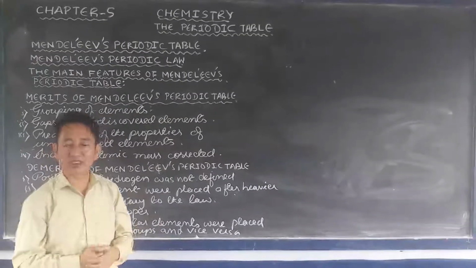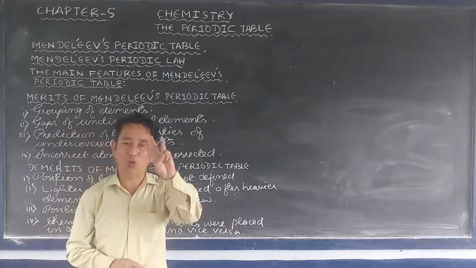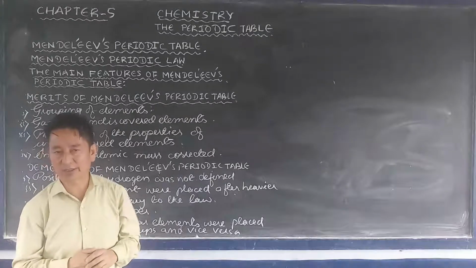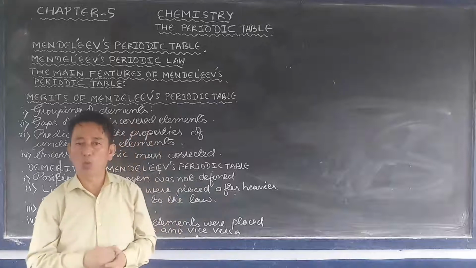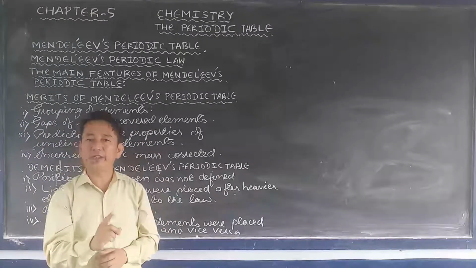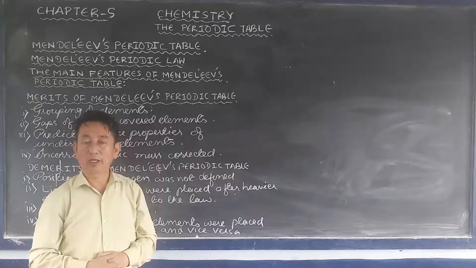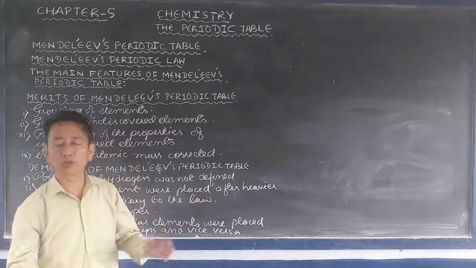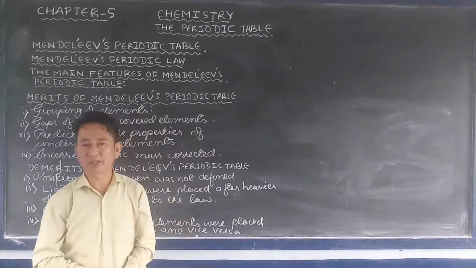After that, J.W. Dobereiner classified the elements in groups of 3, known as Dobereiner's triads. Dobereiner's law of triads states that when the elements are arranged in groups of 3, the atomic mass of the middle element is almost equal to the average atomic mass of the other 2 elements.